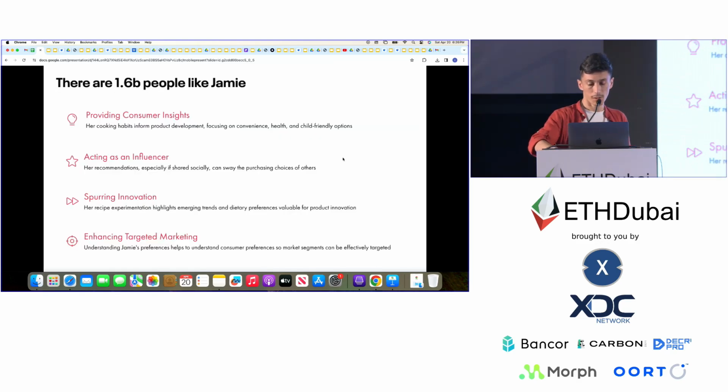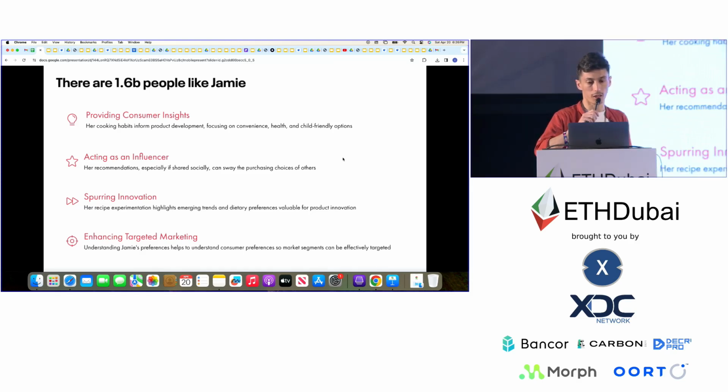But these people actually generate a lot of value because they provide consumer insights by testing different products, and they also act as influencers because they communicate a lot with other parents and share the products they use. They are also a really good audience that we can get data from for targeted marketing.